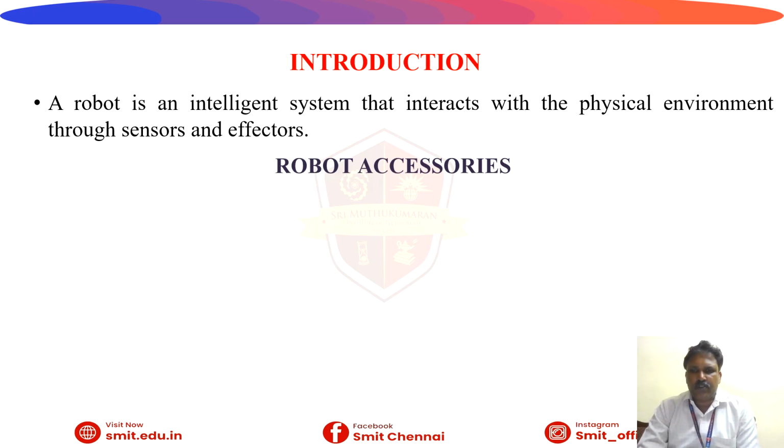As human beings, we have a sense. When we touch an object, we can feel it. When we touch a hot thing, we can feel how hot it is. So our body has sensation like that. The robot should operate through sensors and effectors.